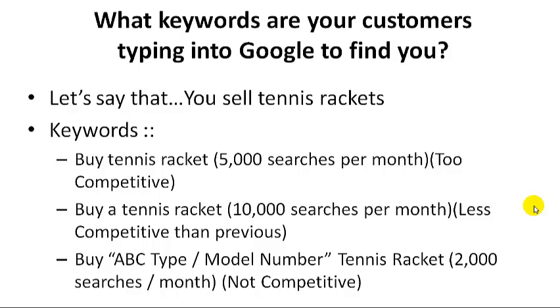At this point, I realize that the fact that they are searching for that exact model number means those are actual potential customers who want my tennis rackets. And I find out that that keyword is actually not competitive at all.